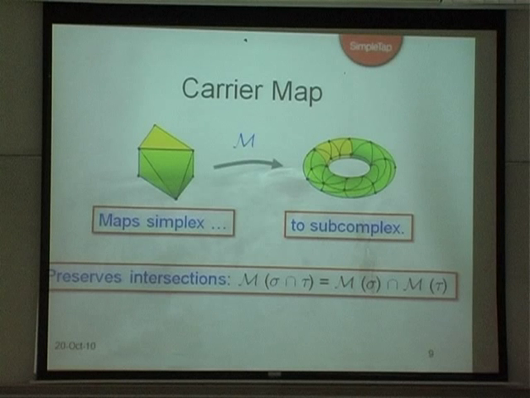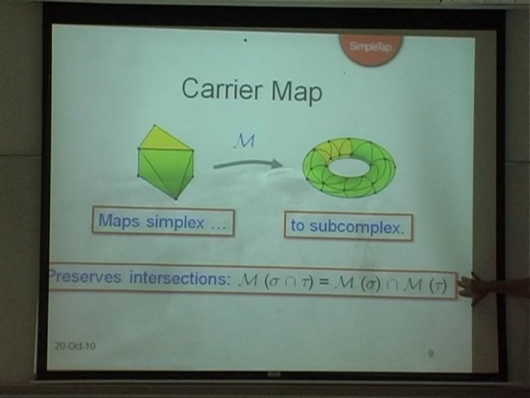And there's a technical requirement, which we can justify operationally later on, which says that we want a carrier map to preserve intersections. That is, the image of the intersection is the intersection of the images. And this will be important. This will actually have a computational interpretation, which I'll tell you later.